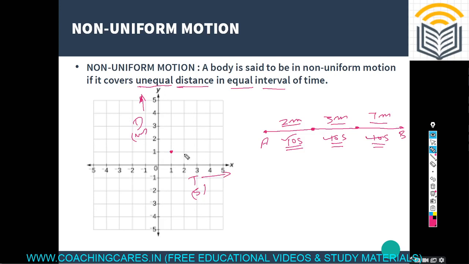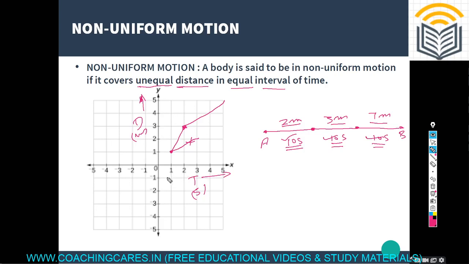In another 1 second the body moves to 2 meters this way. And in another 1 second the body moves again, say, 2 meters.